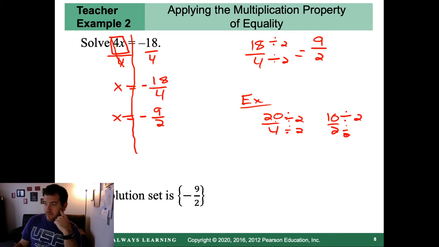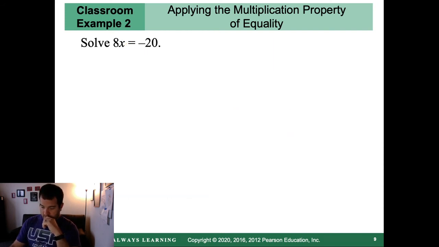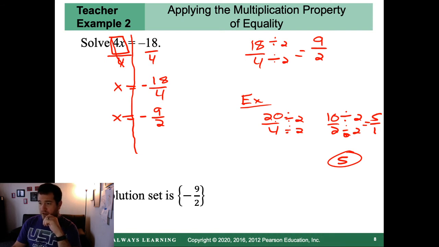So I have 5 over 1, which is just equal to 5. But could I see from the beginning that 4 is the largest number that goes in there? Sure. Is it okay if I have to do this a couple extra times? I would think so, okay? So here the solution set is negative 9 over 2.